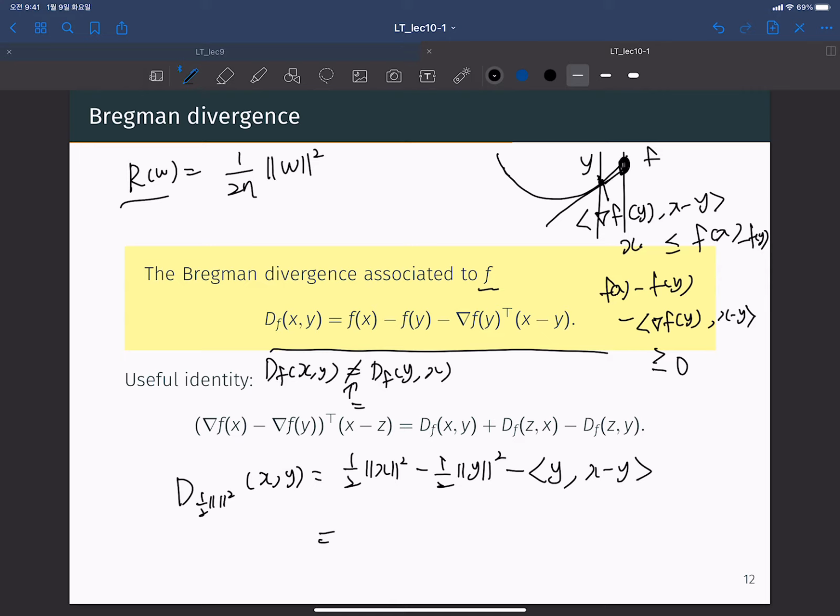This is equal to 1 over 2 norm x squared plus 1 over 2 norm y squared minus the inner product between y and x. This is equal to 1 over 2 norm of x minus y squared. Okay. So the Bregman divergence of the norm squared function is just the Euclidean distance.